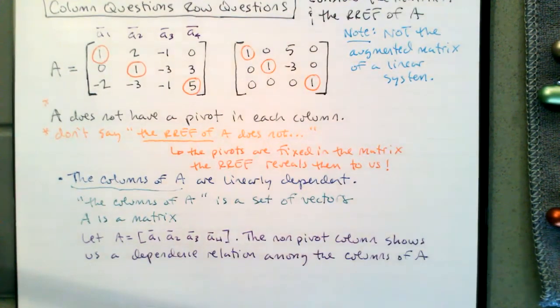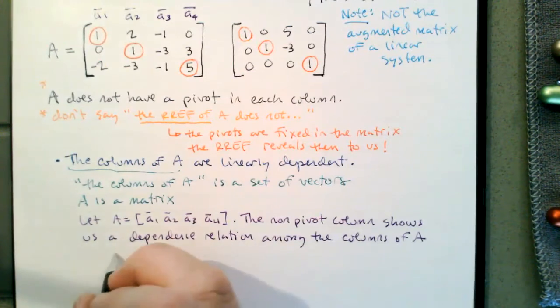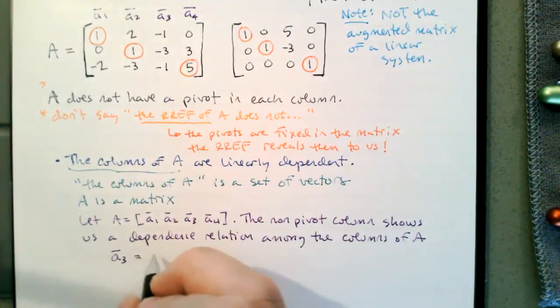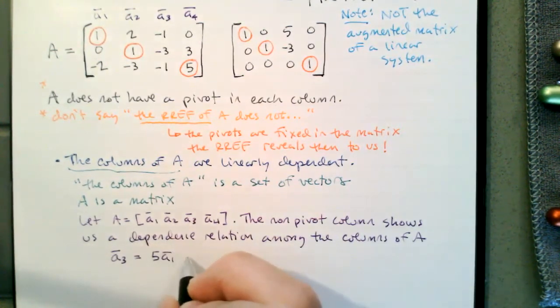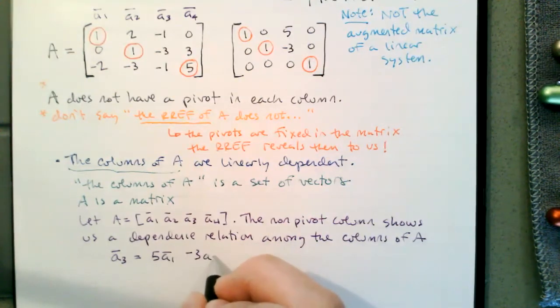In particular, A3 is 5 times A1 minus 3 times A2.